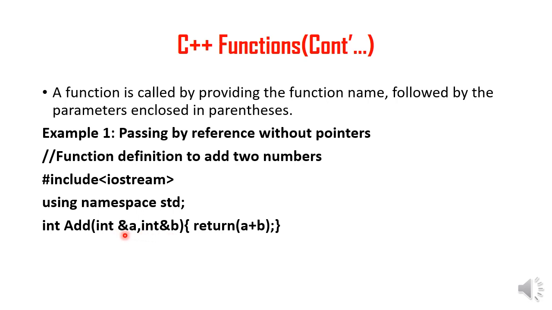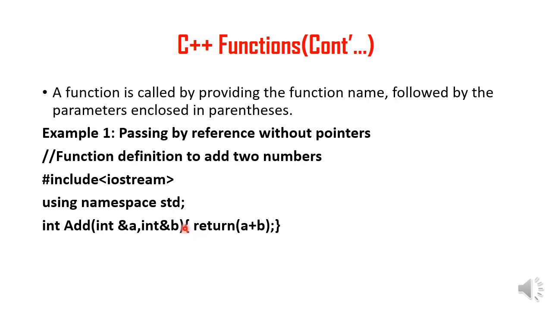Remember that when we use this symbol known as the ampersand sign, it's like showing the address of a variable. So we have int &a, int &b. These are the two references that our function is going to use in order to calculate the sum of two numbers.